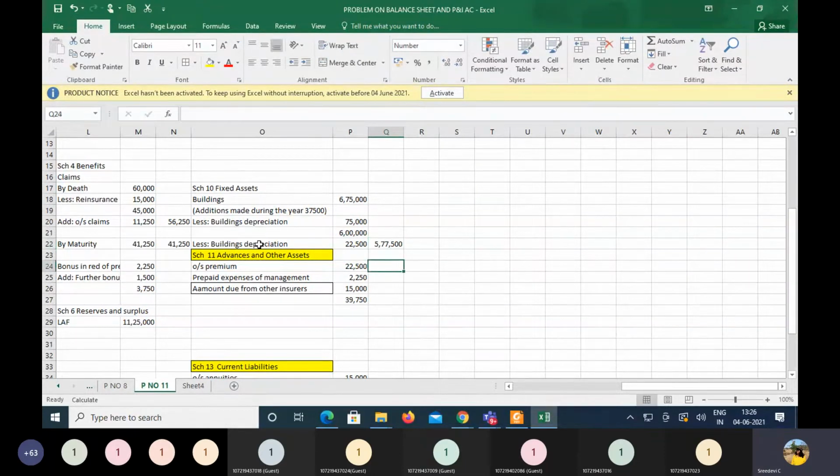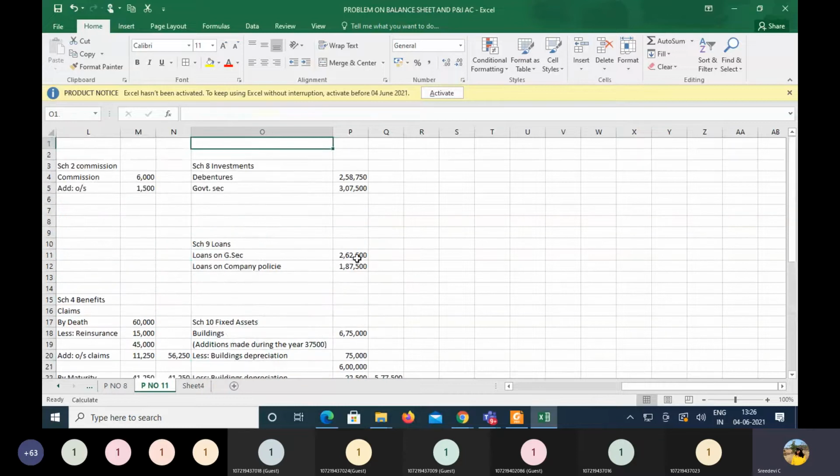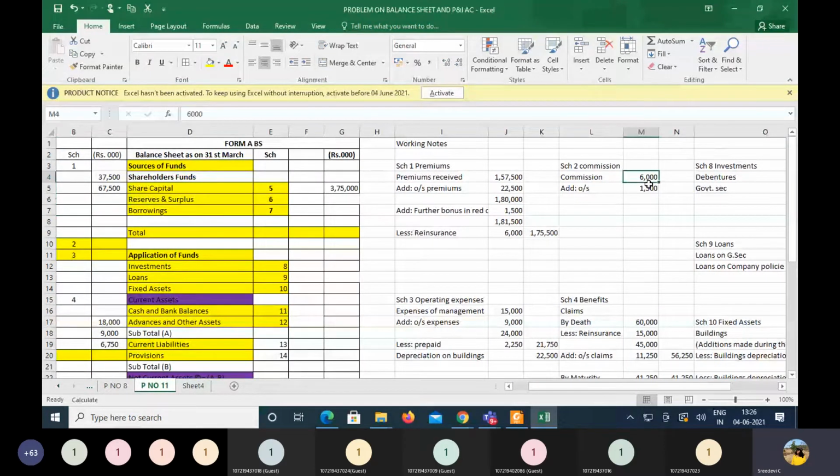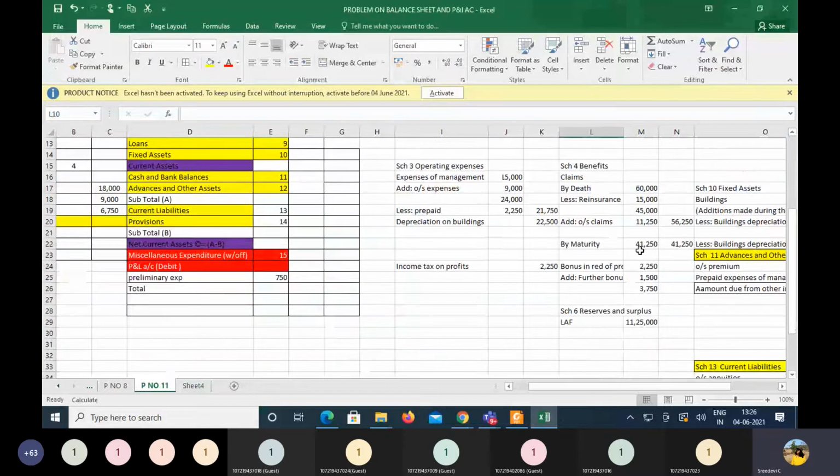And we have the top of loans total, then we have investments total, then we have commission after adding, because there's nothing else apart from the outstanding, then we have claims which is outstanding.